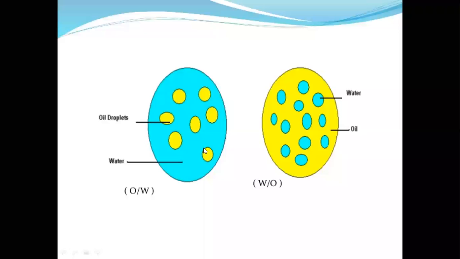The first type is oil in water emulsion, short form O/W. Here, the dispersed phase is oil and the dispersion medium is water.